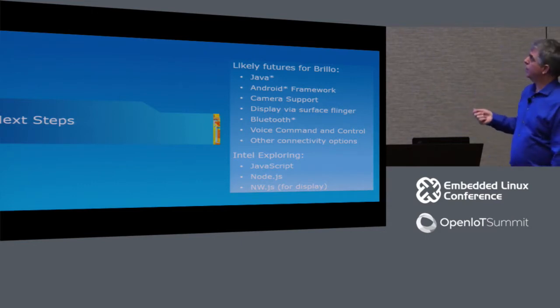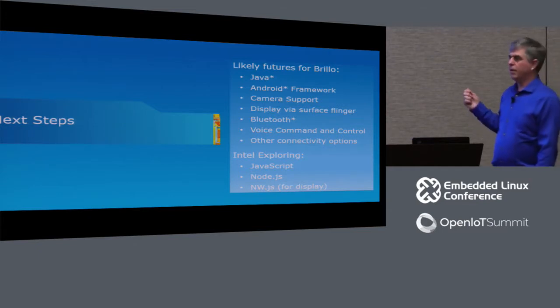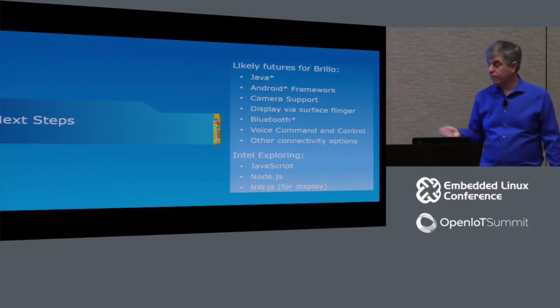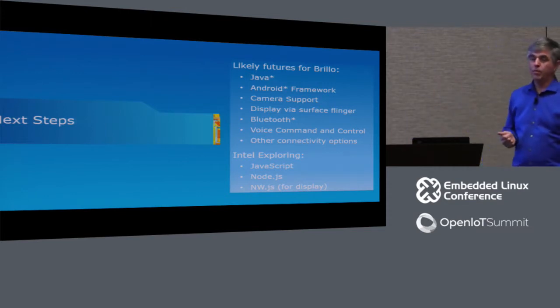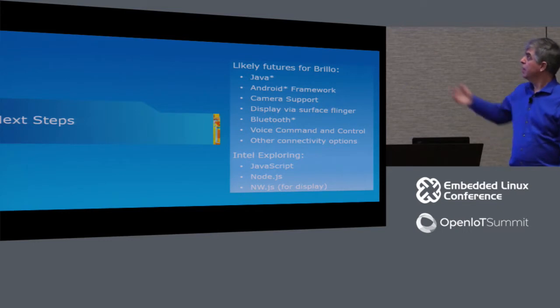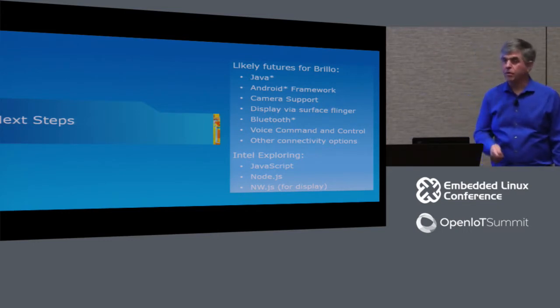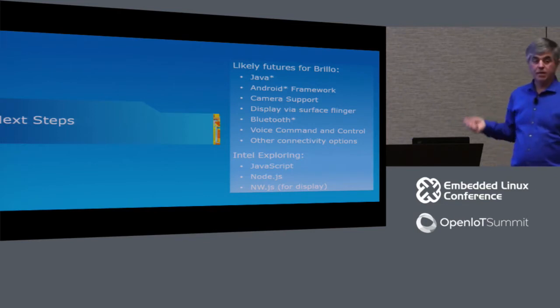The question for Java really is, how much of the Java do you really want to pull in? Do you want to pull in the Java runtime, certainly, right? You could go to the Open Java if you want, but the Google Java, the Android Java, is just there, so might as well just use that. But then how much of the framework do you want? Do you want just enough of the framework to be able to do some JNI code and write some daemons?